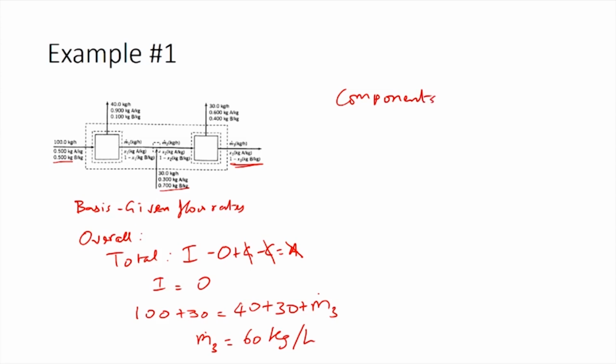We will first write the component A balance. So, what we have is 2 input streams where the compositions are known.